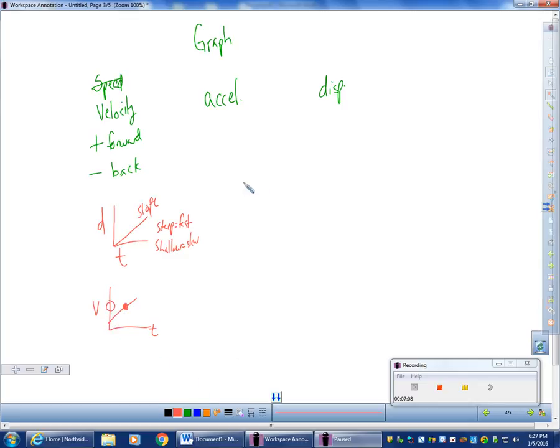For the displacement, if I have a distance versus time graph, I can find the spot at a given time and figure out what that value is. To determine the acceleration of something, I would look at the velocity versus time graph, and again I'd find the slope, because acceleration is change in velocity divided by time, rise over run.